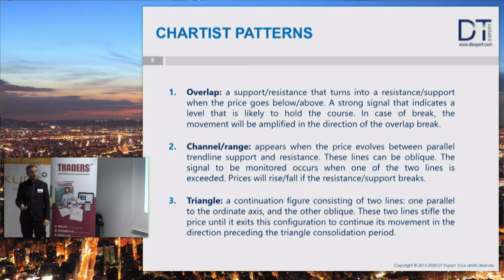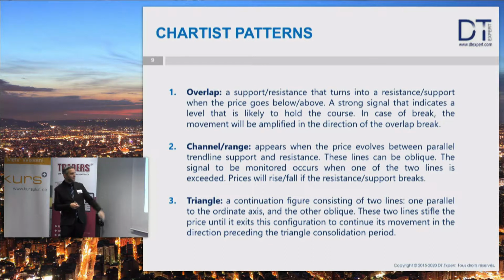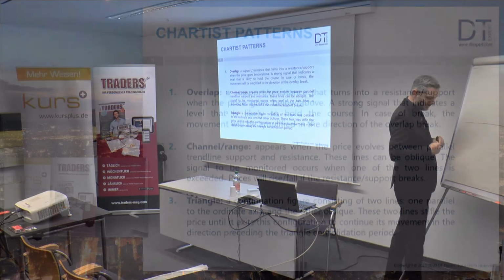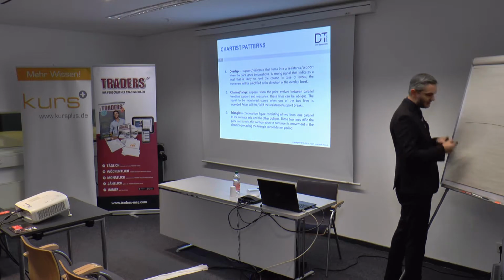So the first thing I want to teach you is very, very important. That's why I put it first. It's overlap. Okay, so this is the definition: overlap is a horizontal strong level that really cuts the market. What do I mean by cutting? You will see it after, but I can show it to you here. When you draw a horizontal level like this, you have two ways that the market can play with it.